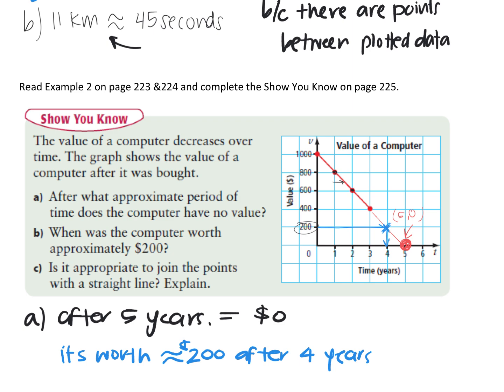So yes, C. Sorry, that looks like E. C, is it appropriate to join? Yes, it is linear. And again, it's because there's valid information that sits between the data points that were plotted.